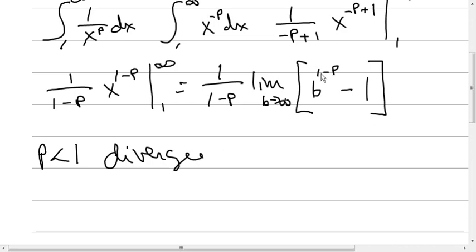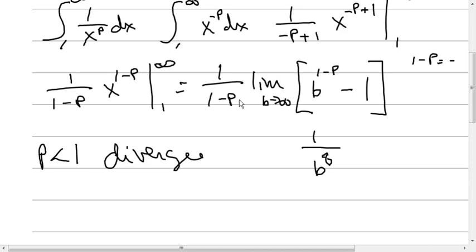What if p is greater than 1? Then we get 1 minus a number that's greater than 1. Well, now, wait a minute. That would be the equivalent of writing, let's say that 1 minus p is going to be some negative number. So it's more like 1 over b raised to some power q, whatever this difference is. That is going to go to 0 at the limit.